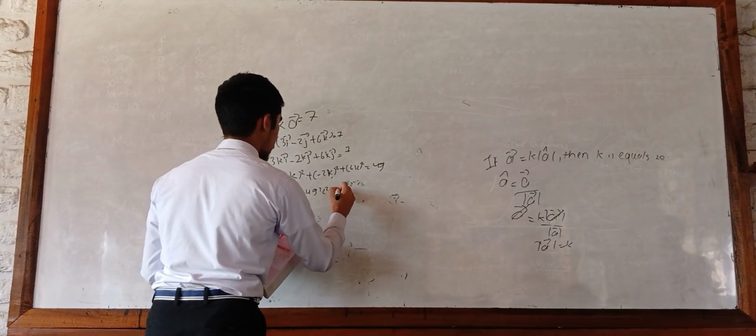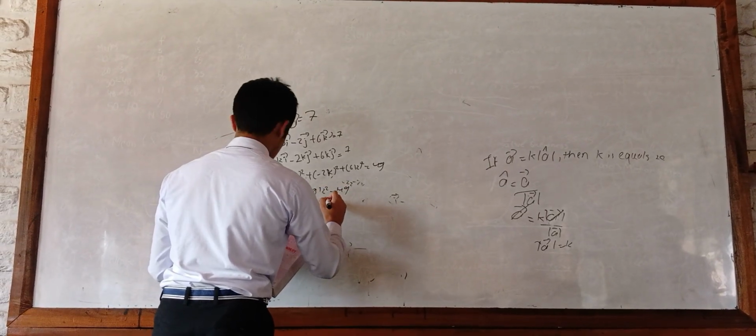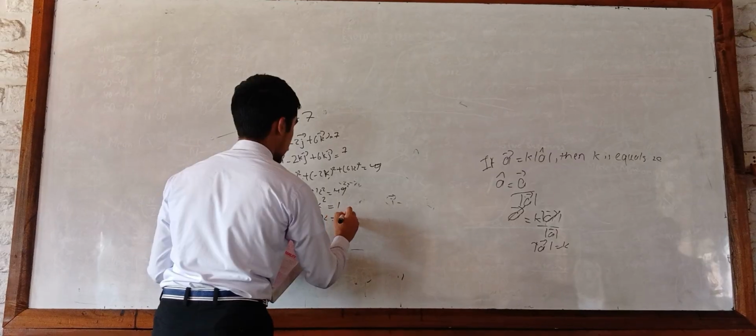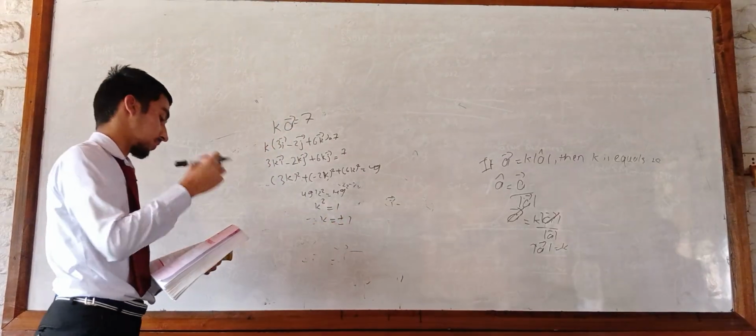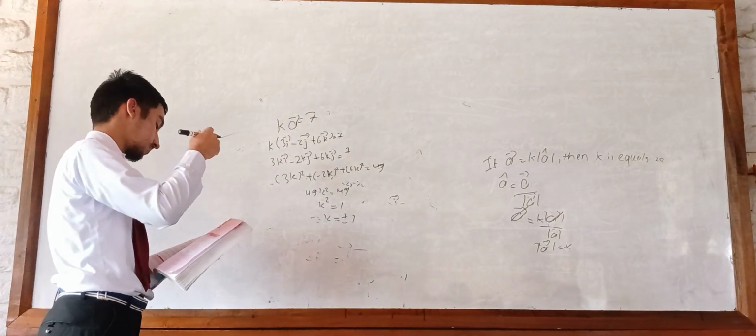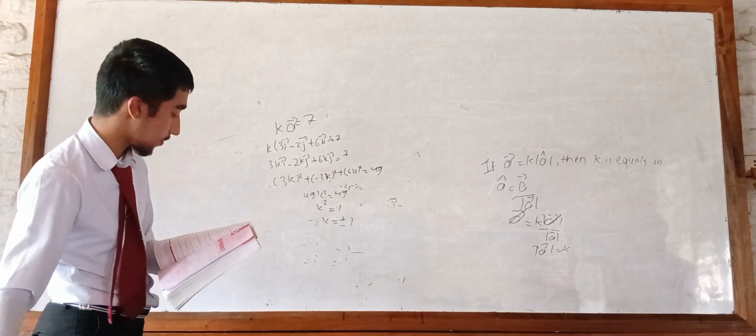K squared is equal to 49, which gives us k equals plus or minus 1. This signifies the given vector is the vector which is in the direction of A vector.